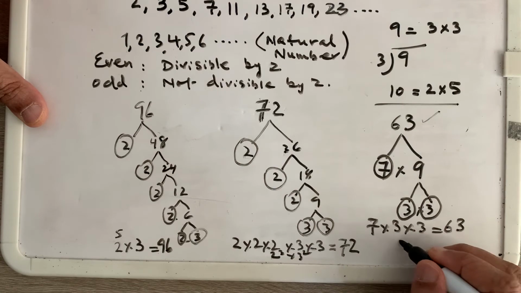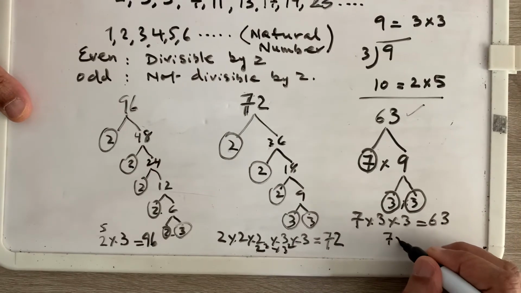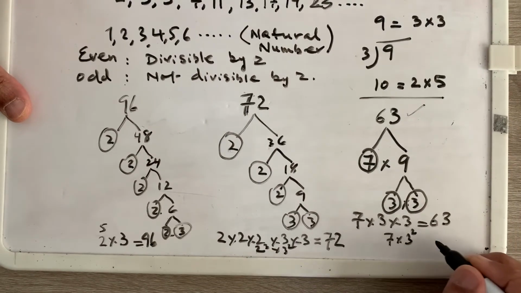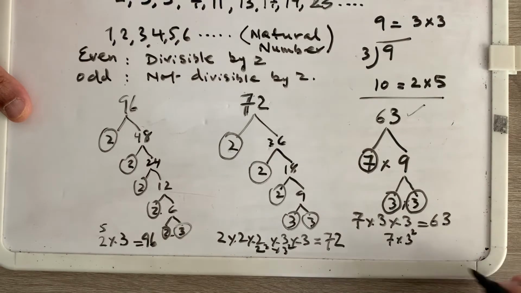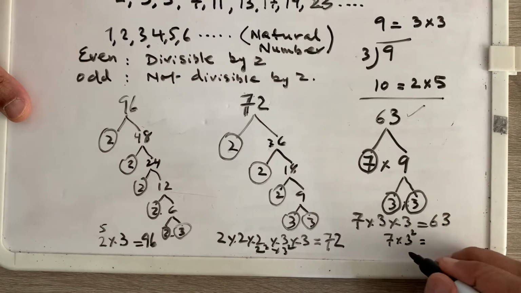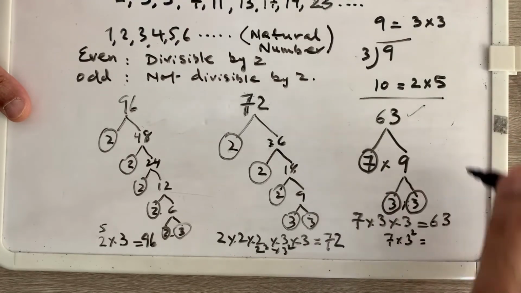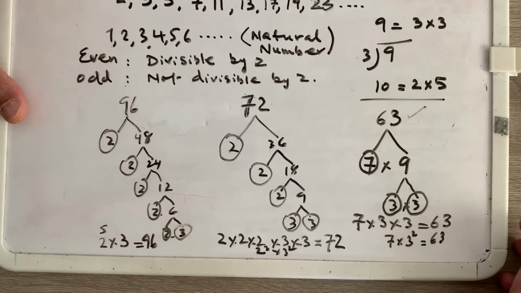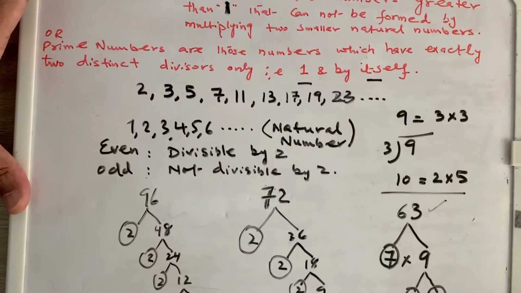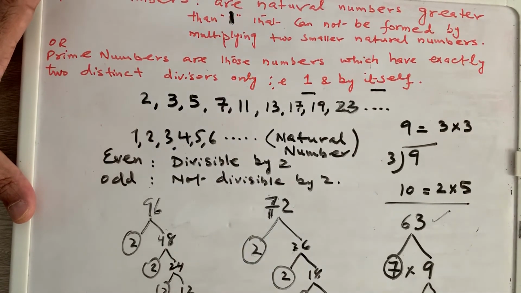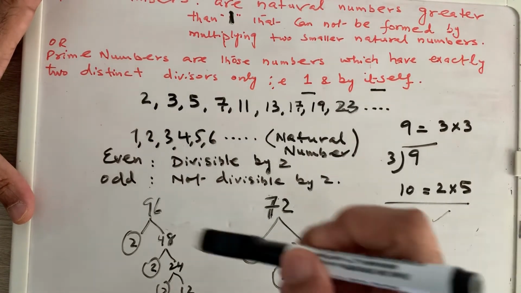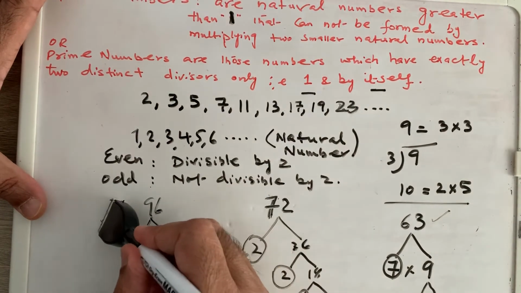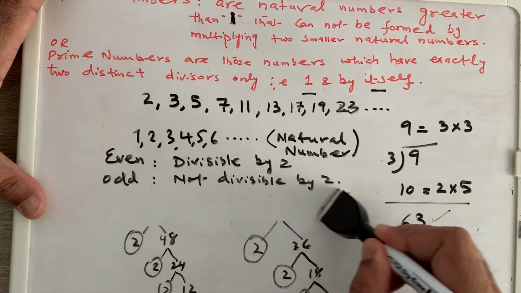This one can also be written as 7 times 3 to the power 2. 3 to the power 2 is 9. So other factors can be 9 times 7 is 63, which is the first number. But we have to break it until every digit is prime. So we have these examples. You can solve, or you can have more examples on it.